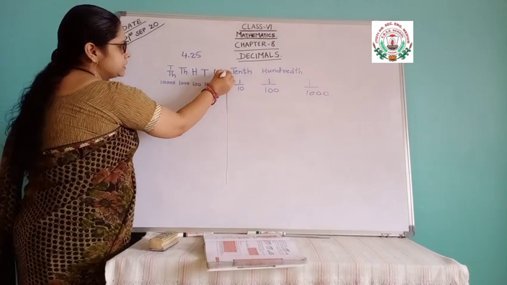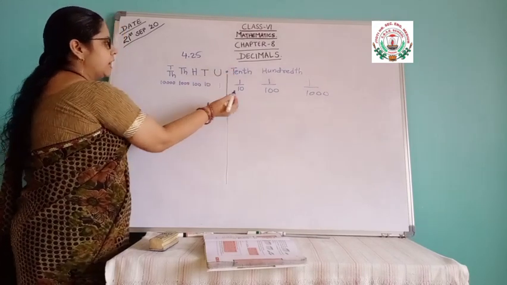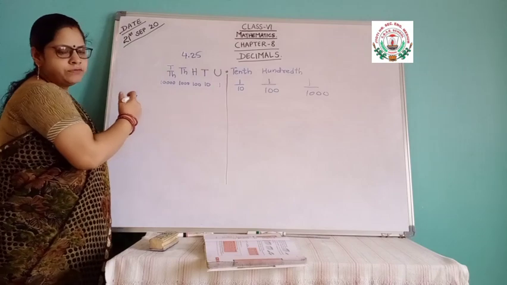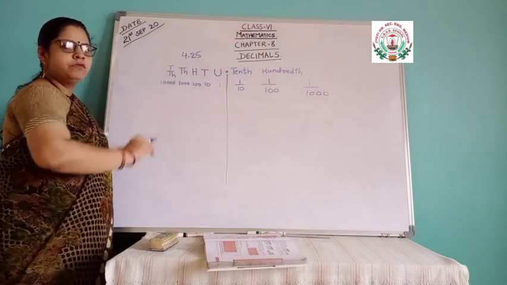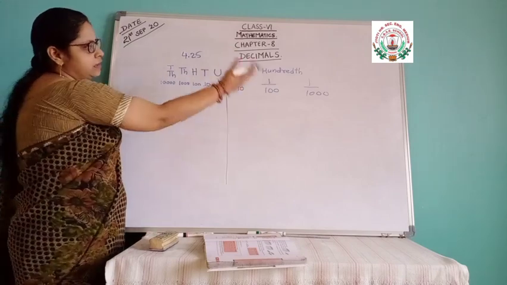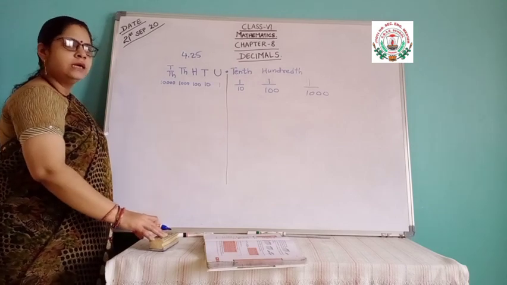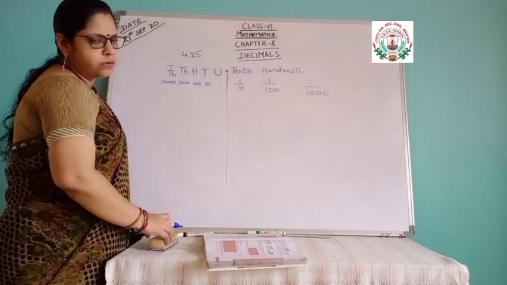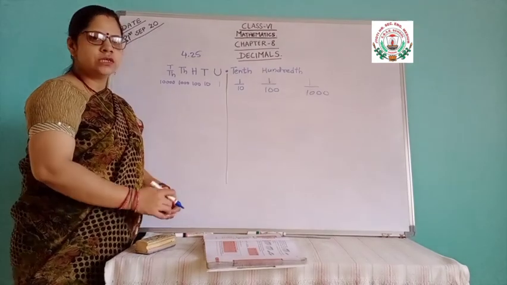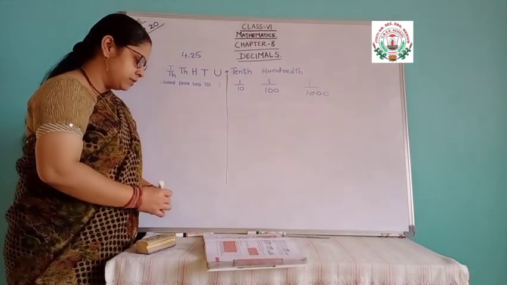So from the decimal, the partition starts. The left side of the decimal is the whole number part, and the right side of the decimal is the decimal part. This is how the partition is done in a decimal number.